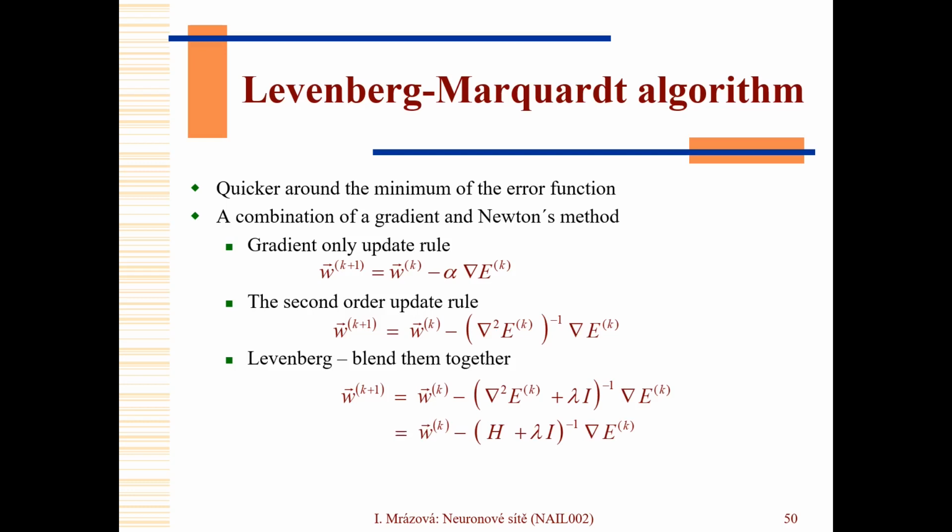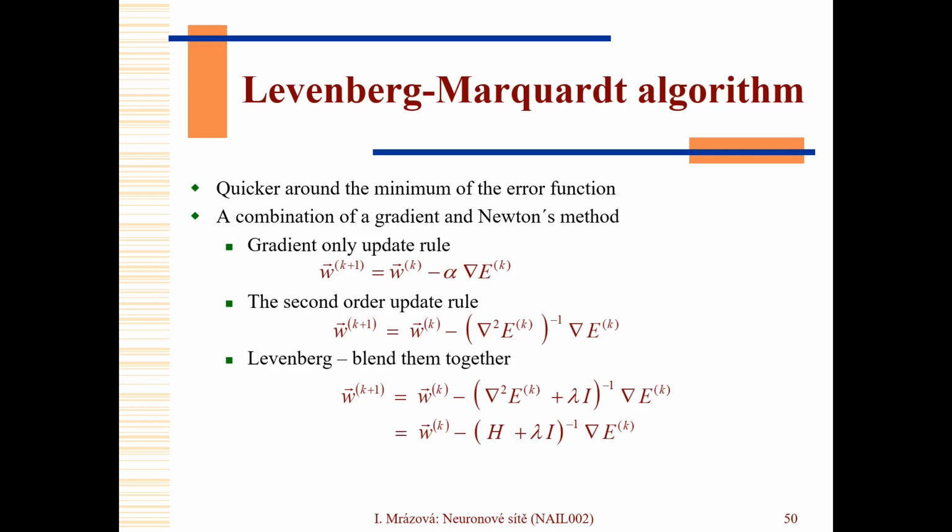When considering just the gradient, we obviously would have to compute the new weights from the old ones and subtract the gradient of the error function, because we would be heading against the gradient of the error function in order to look for an acceptable local or global minimum. Then the second order update rule would have to comprise a kind of approximation for the Hessian matrix or the inverse Hessian matrix.